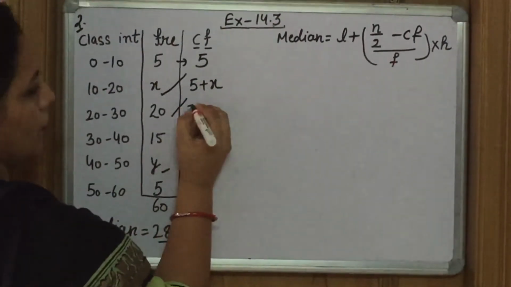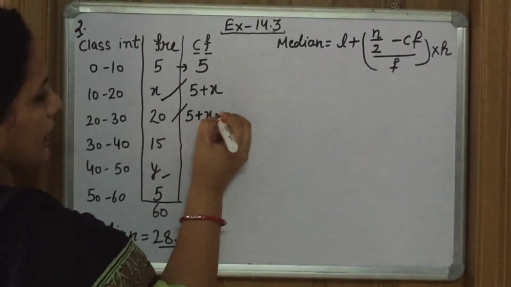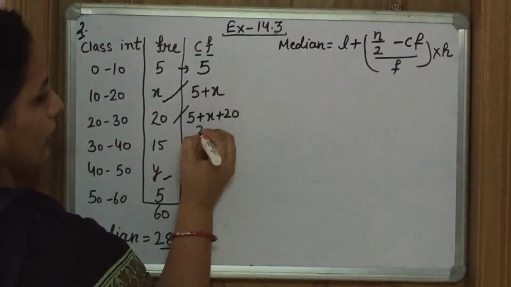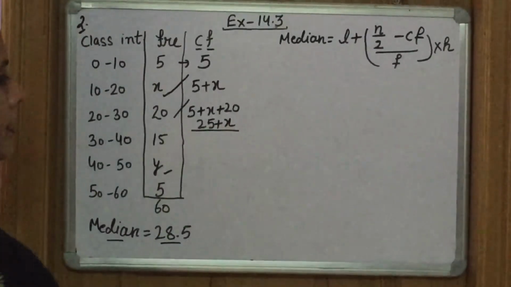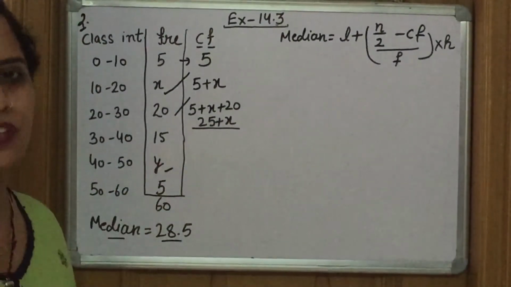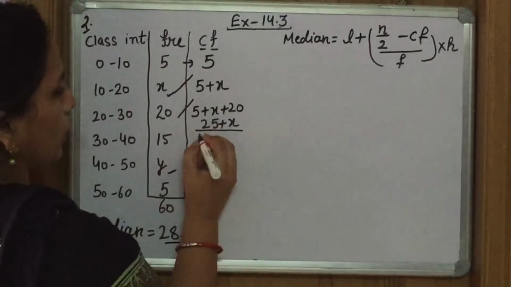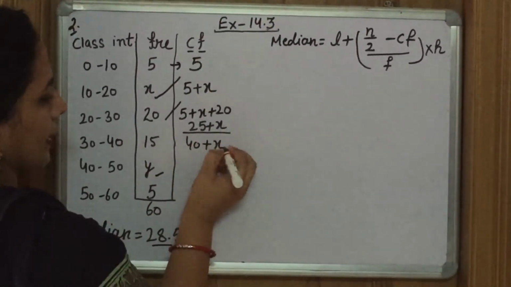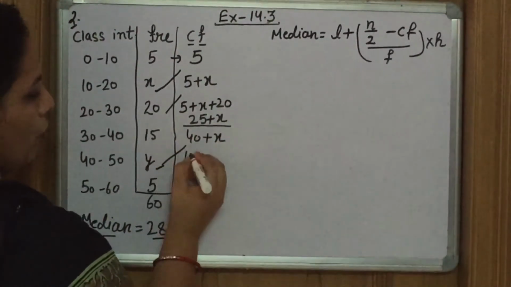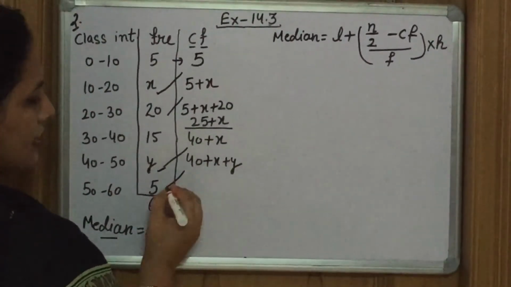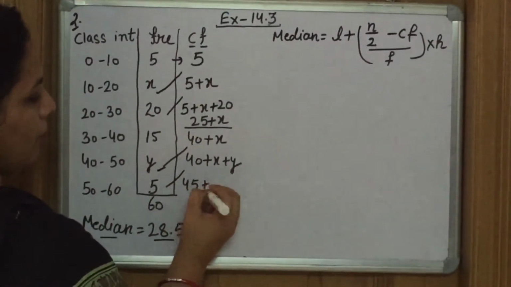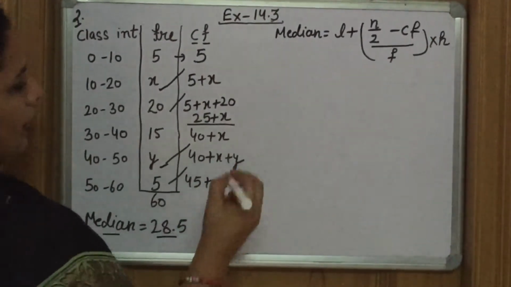Next term 5 plus x plus 20, it will be equal to 25 plus x. Next term 25 plus x plus 15, that will be equal to 40 plus x. Next term 40 plus x plus y. And the last will be 45 plus x plus y.